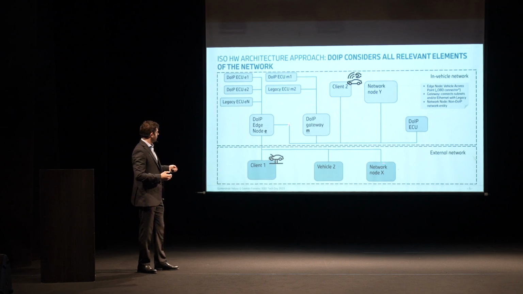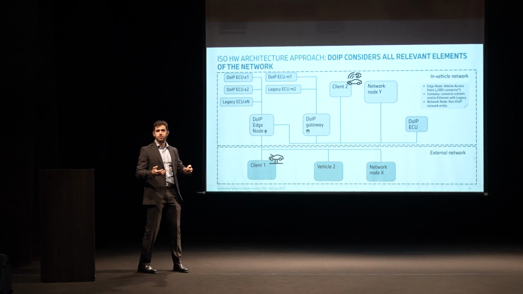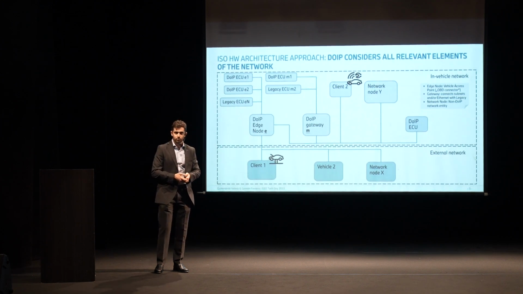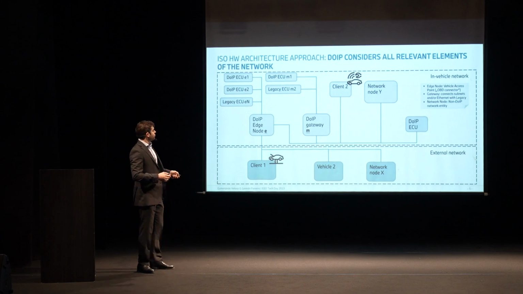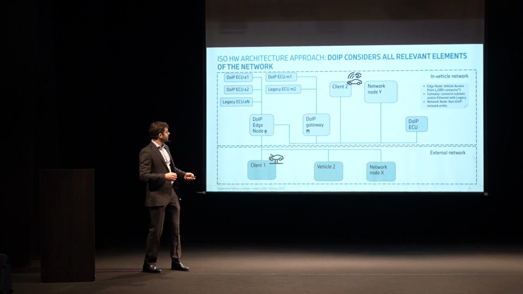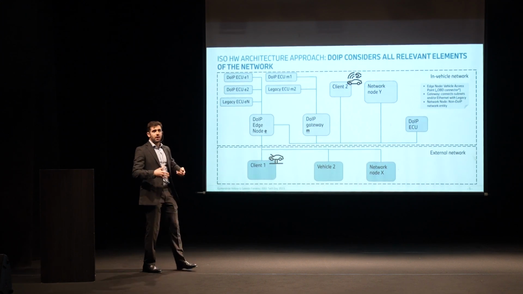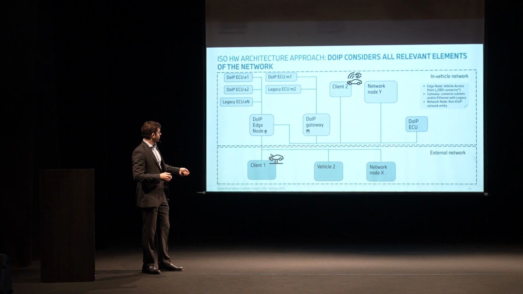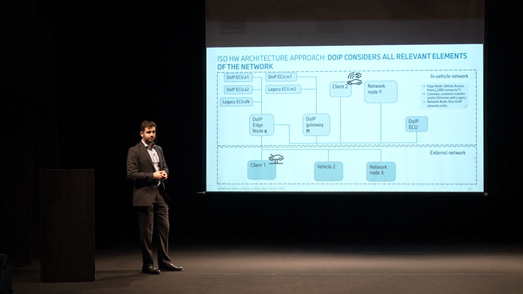Then you will find a DoIP gateway or gateways, which are going to connect your Ethernet with other communication systems, for example, CAN or FlexRay. You will also find some clients, for example, for the over-the-air updates that I mentioned before. Some other nodes which might not have a DoIP implementation, might just not be diagnosable, and well, other DoIP ECUs.